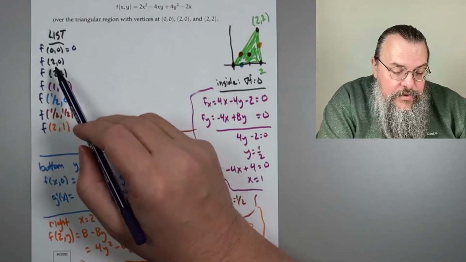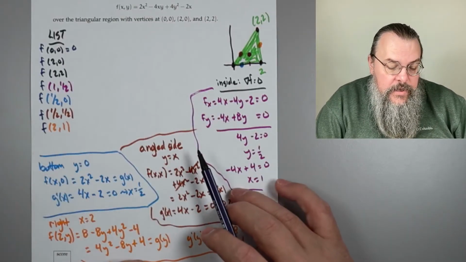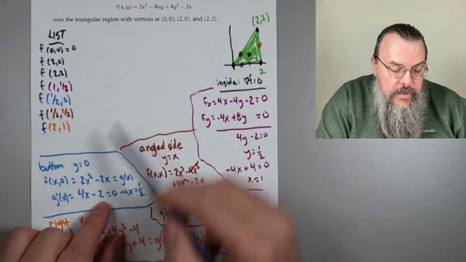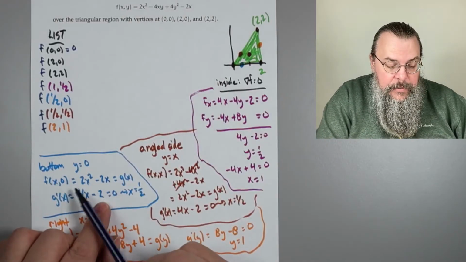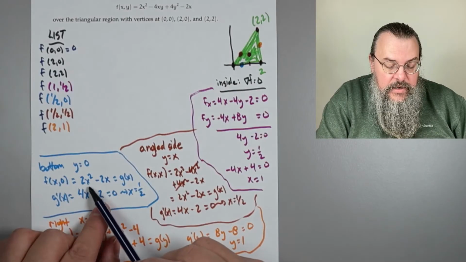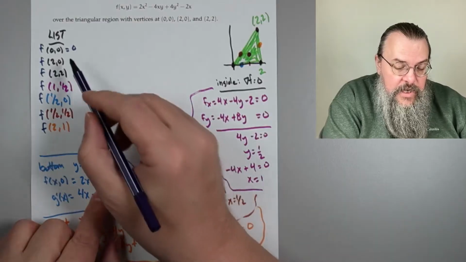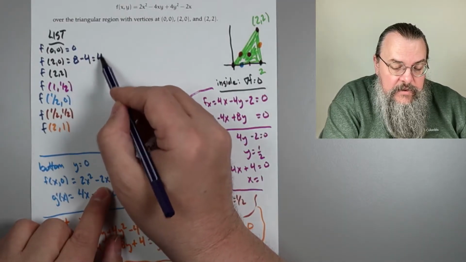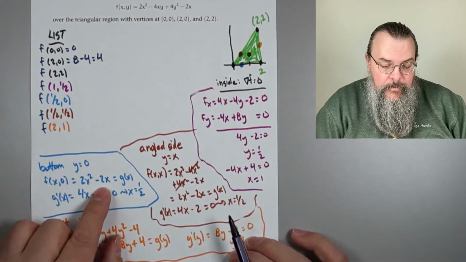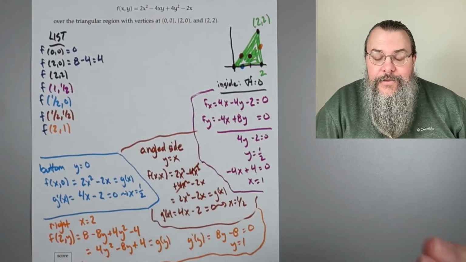So x equals 2, y equals 0. Now, we could plug it into f. We could also say, at x equals 2, y equals 0, we're on the bottom, and we could plug in x equals 2 here. Well, that's 2 times 2 squared, which is 8, minus 2 times 2. So that's 8 minus 4, that's 4. All right? Since we have these pieces for the sides, use them.